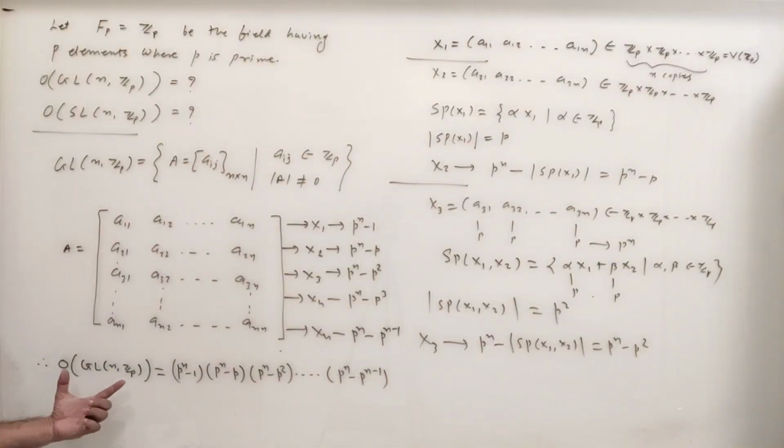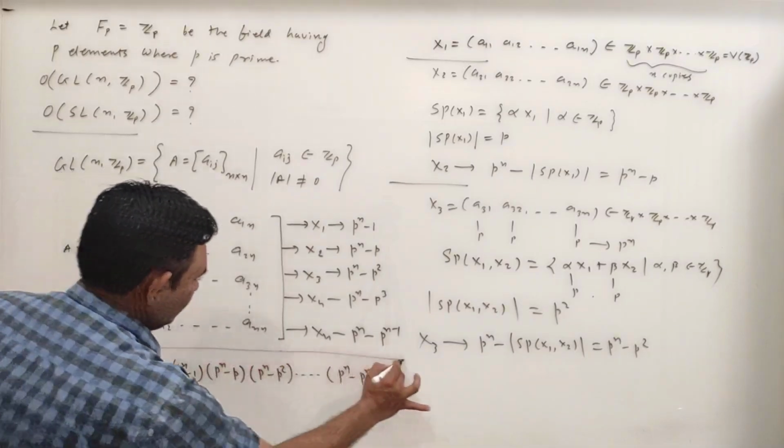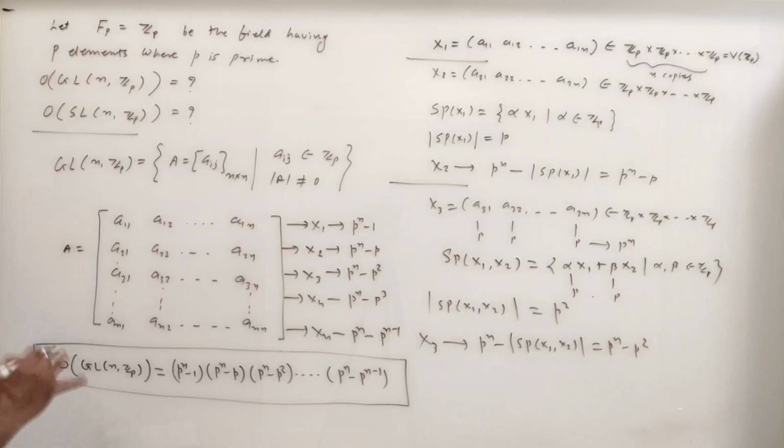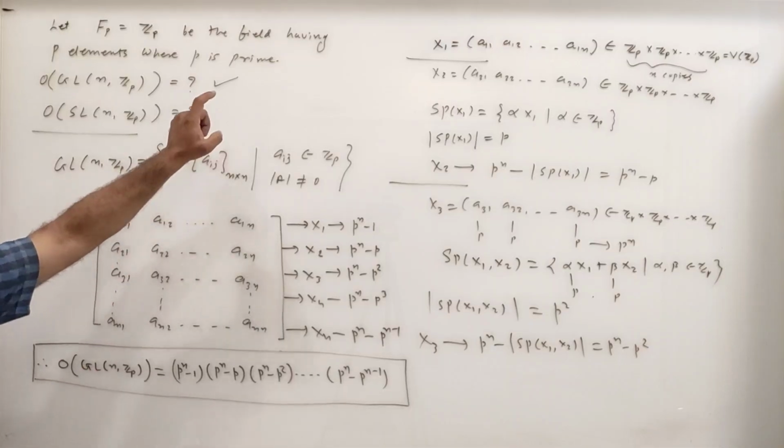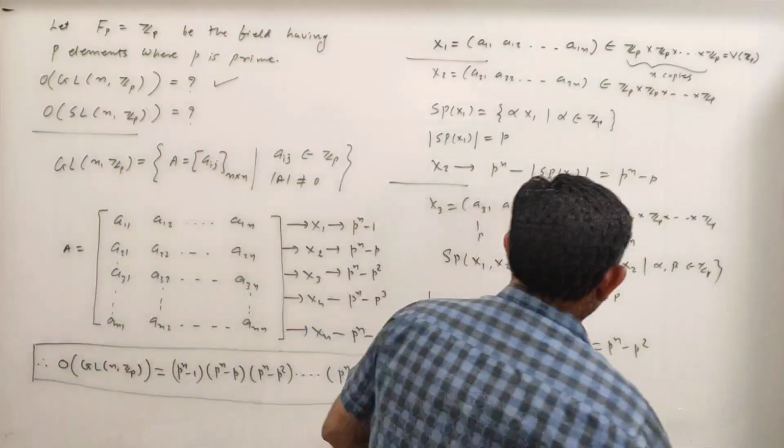So this is the cardinality, a very, very important formula. Now our first problem is solved. Now it remains to solve the other problem. So let us see how we can solve it.